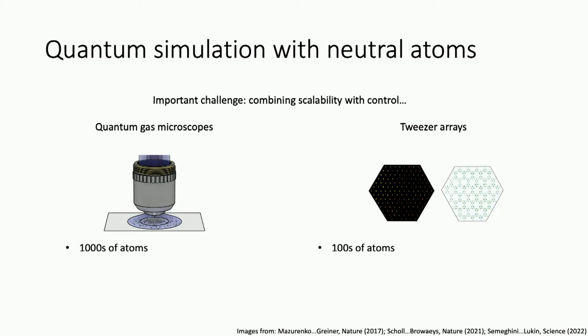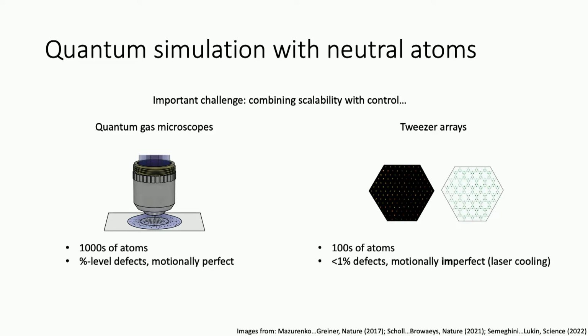In a quantum gas microscope, we might have thousands of atoms, whereas in tweezer arrays, hundreds of atoms, though people are pushing on this. In quantum gas microscopes, because of finite temperature, you might have percent-level defects in a Mott insulator, whereas in tweezer arrays, you can feed back and rearrange the atoms so that you can get to much less than 1%.